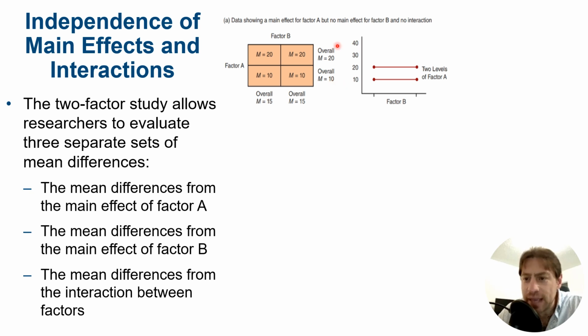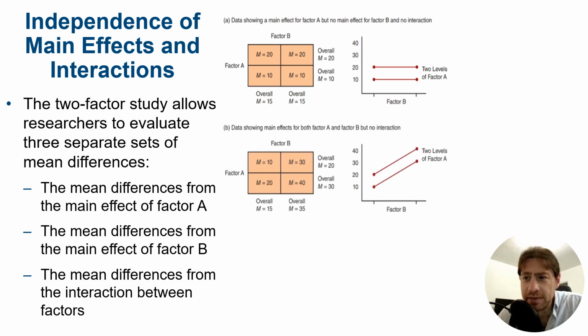So this is a main effect, assuming these differences are significant. However, there is no main effect of B because the overall means are the same for the two levels of B. And there's no interaction because, as you can see here, the lines are parallel, which means there is no interaction.